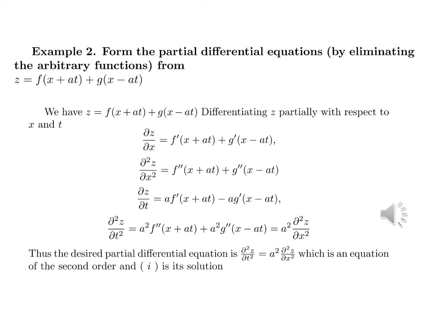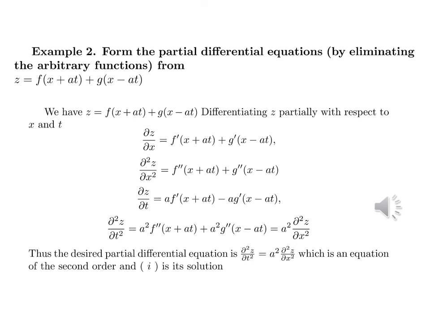We know that f double dash of x plus at plus g double dash of x minus at is ∂²z/∂x². So we can write a square into ∂²z/∂x². So finally what we get is ∂²z/∂t² is equal to a² ∂²z/∂x². So this gives a partial differential equation.